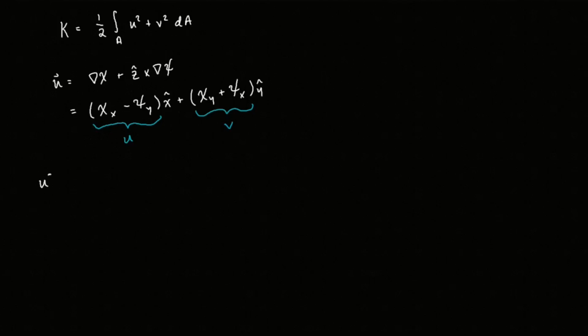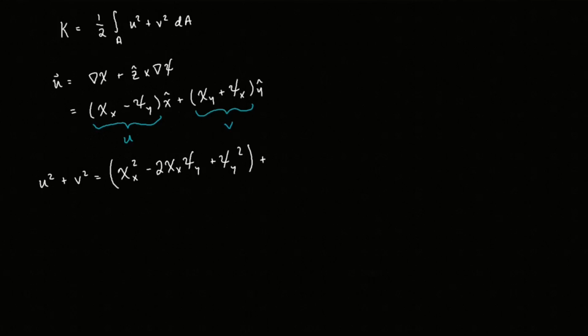u squared plus v squared is going to be chi x squared minus 2 chi x psi y plus psi y squared. That's the u squared part.